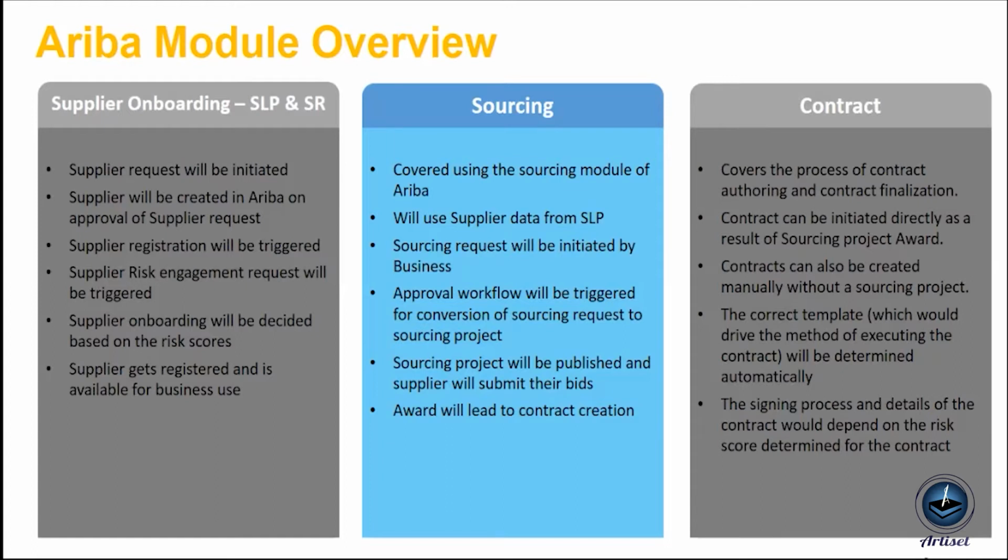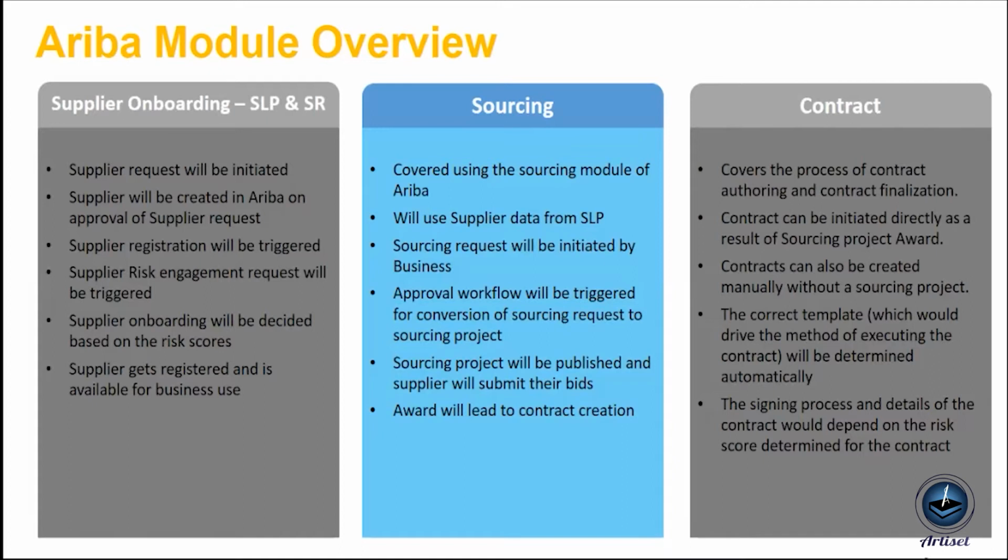So today, as we are going to discuss the sourcing module, our main focus is how a sourcing event can be executed. For that, the business raises a sourcing request. Once it is initiated, and as per the approval flow, like suppose it is for various commodities, there can be different approval flows set.